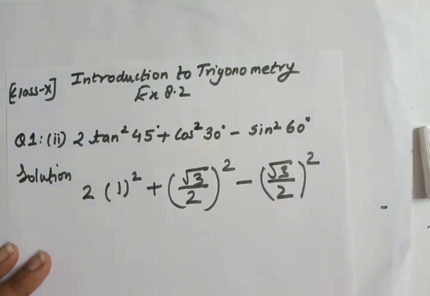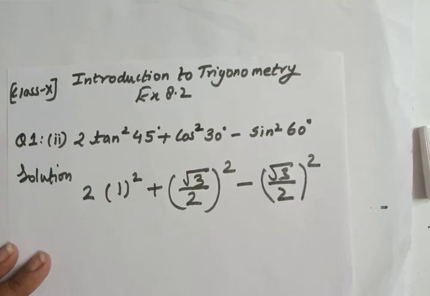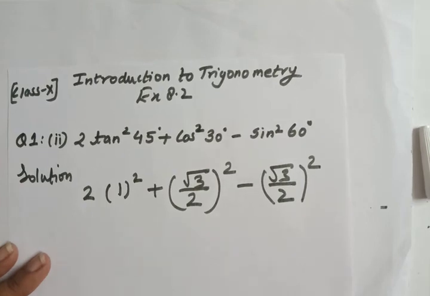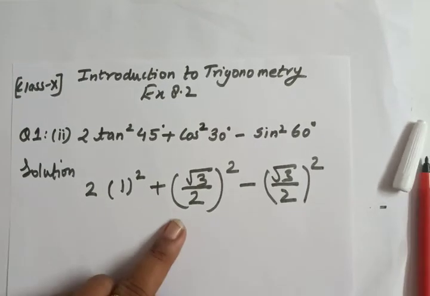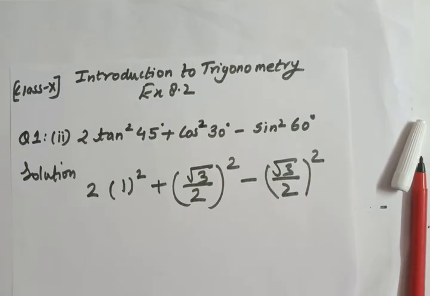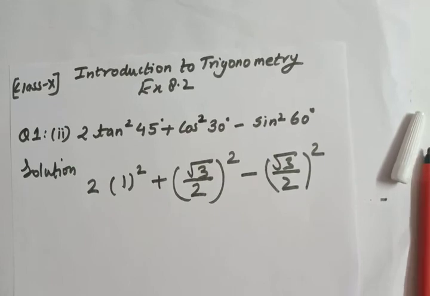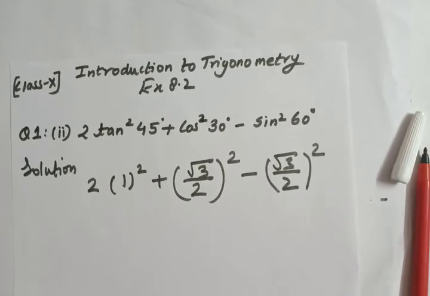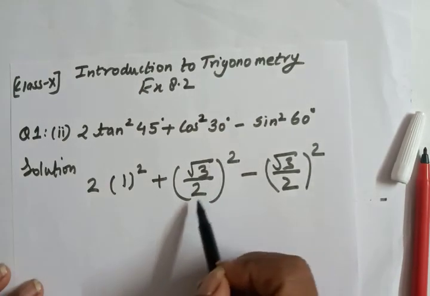So if we check here, what can we see? Root 3 upon 2 minus root 3 upon 2, we need not even take the squares. It is quite clear that it will cancel out.